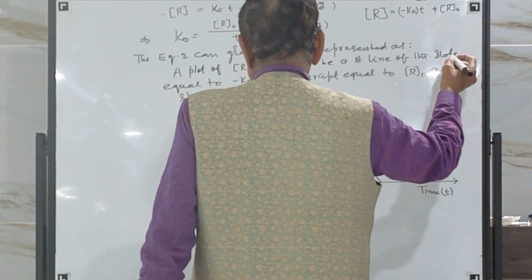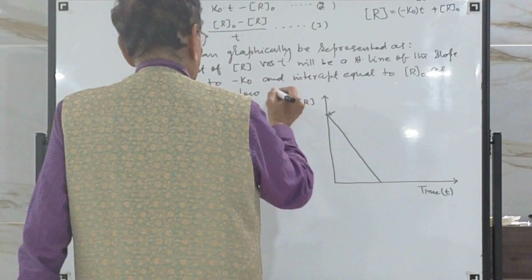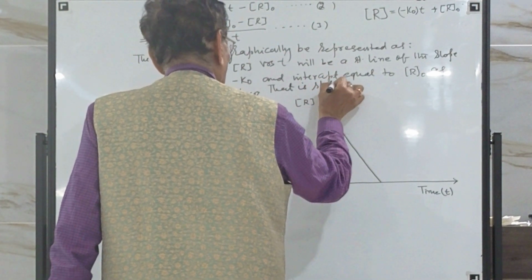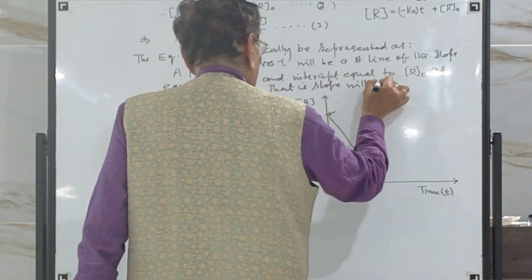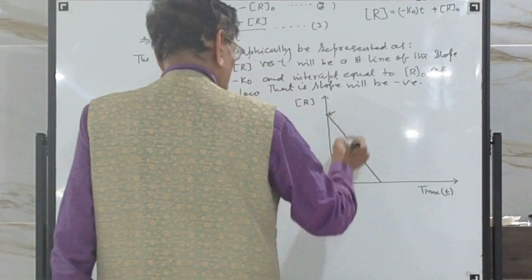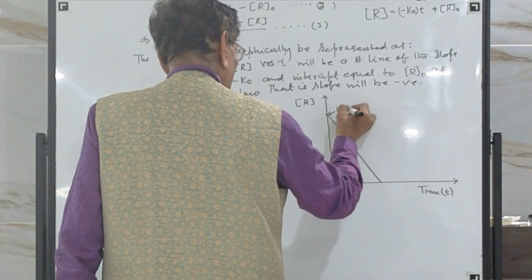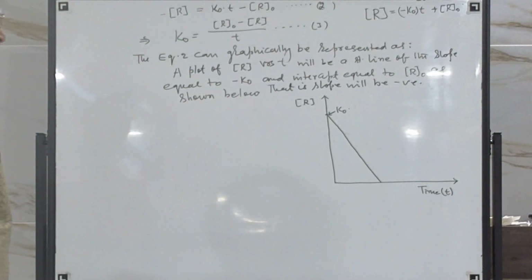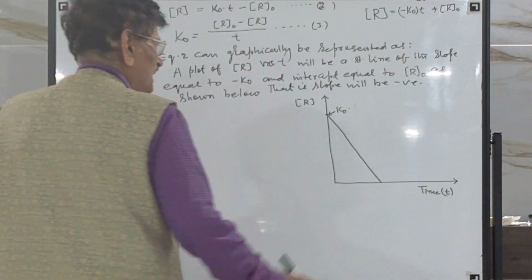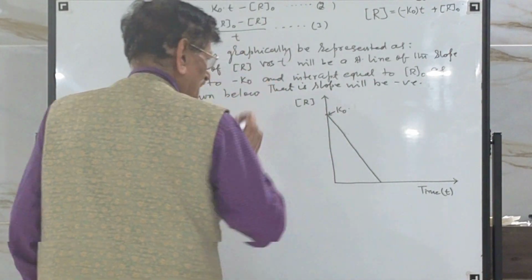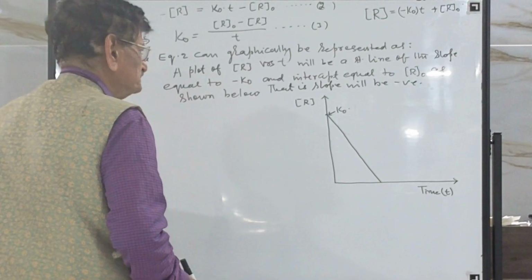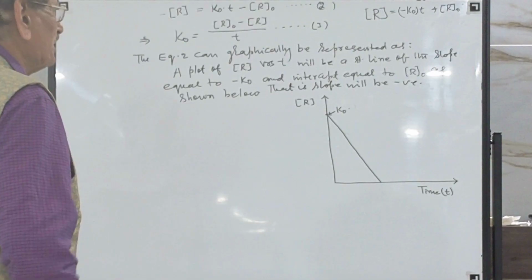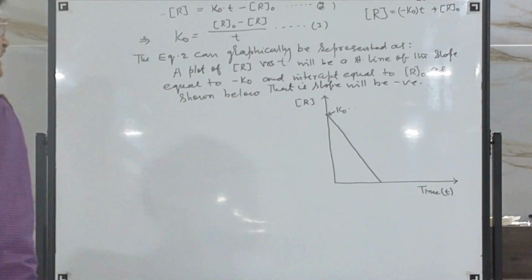The slope will be negative, and this is K naught. So this is the graphical representation of a zero order reaction.